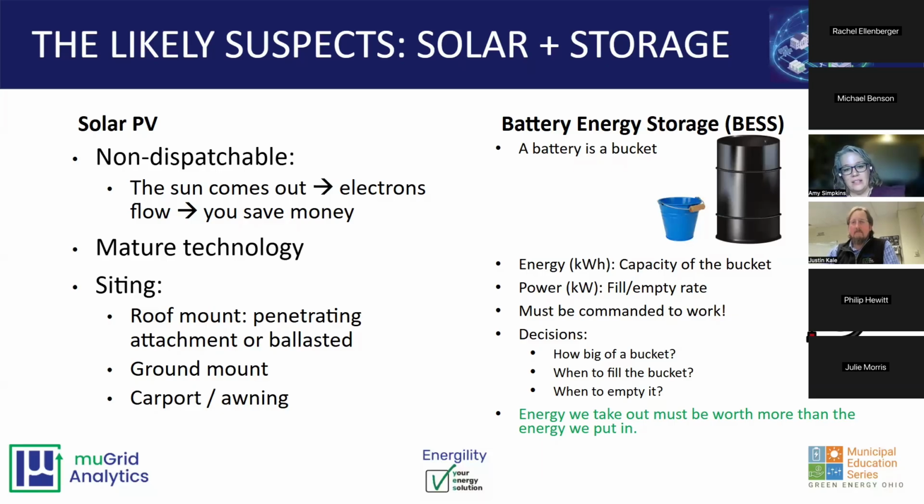The second metric for the size of a battery is the power. And that electrical power is given in kilowatts. So you've got kilowatts for power, kilowatt hours for energy. And power is the rate at which you can fill or empty the bucket, fill or empty the battery. So over here on the right side, we've got a little faucet and we've got a fire hose.